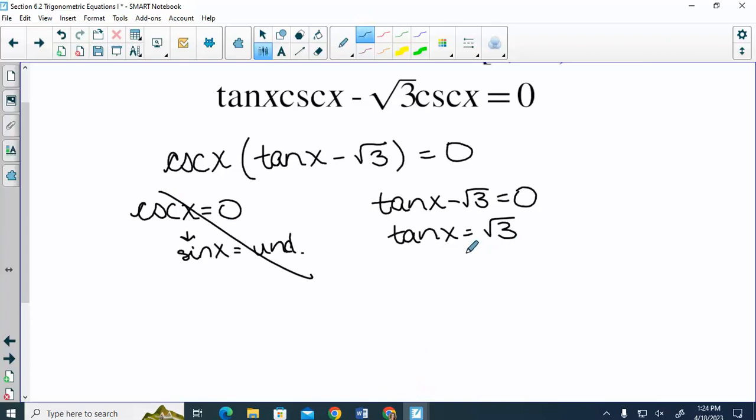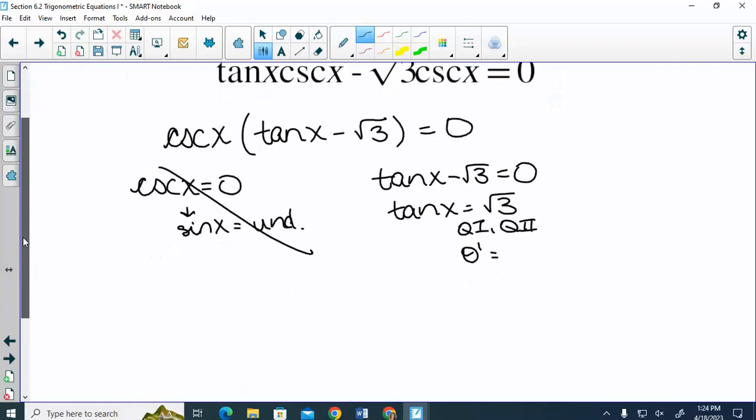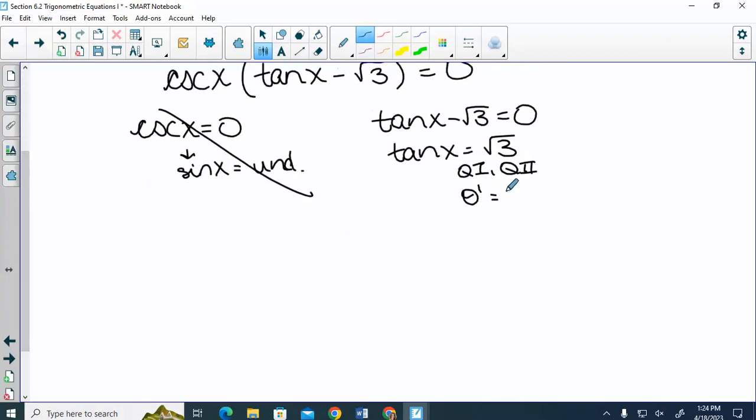All right, over here, when is tangent positive? Reference angle. When is tangent the square root of 3? We are in radians. What's your hand trick?